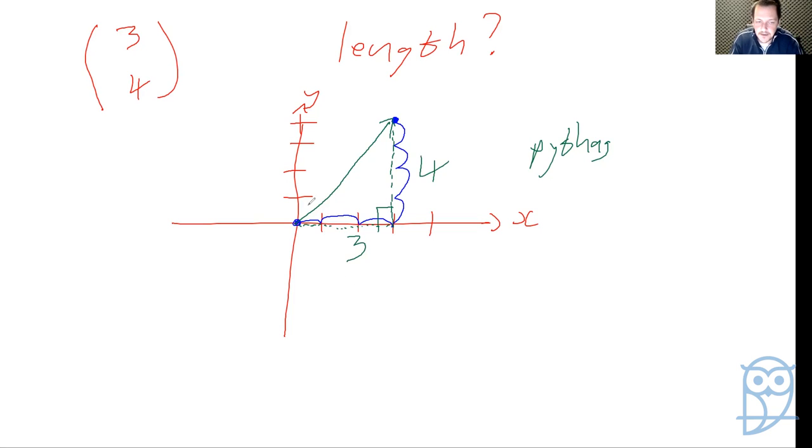So you can either do your normal Pythagoras, calculate it, or you can know that this 3, 4 is a special kind of triangle. It is known as a Pythagorean triple. So if I see a 3 and a 4 on the legs, I will always know that my hypotenuse is 5.